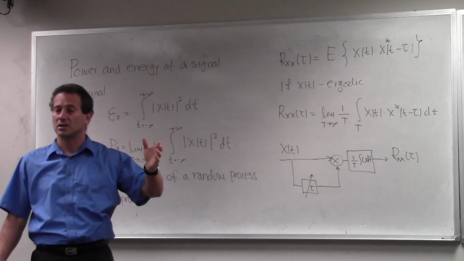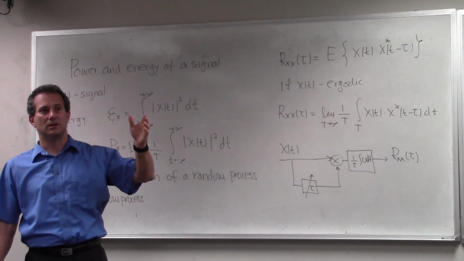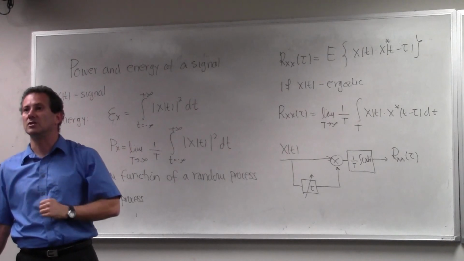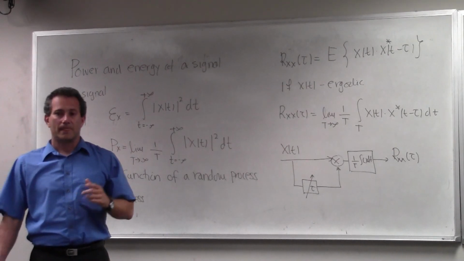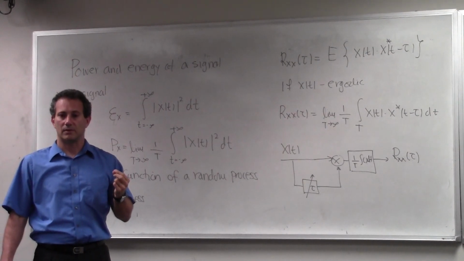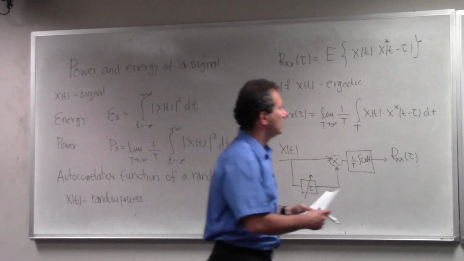But in a strict sense, if the process is stationary in the amplitude domain, the distribution of the amplitude does not change over time. Now, I can define two processes that have, let me actually do that.